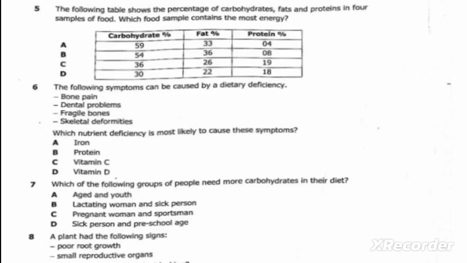Question 5, the question reads, the following table shows the percentage of carbohydrates, fats, and proteins in 4 samples of foods. Which food sample contains the most energy? The first column we have carbohydrates in percentage, the second column fats, the third column proteins.